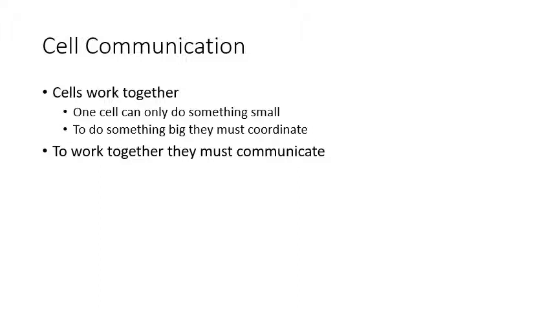So first, for cell communication, your cells are all working together on all of the tasks that they have to do. Basically because every cell is small, but the jobs that need to get done are body-sized jobs. One cell can only do a little bit. It can't do enough.